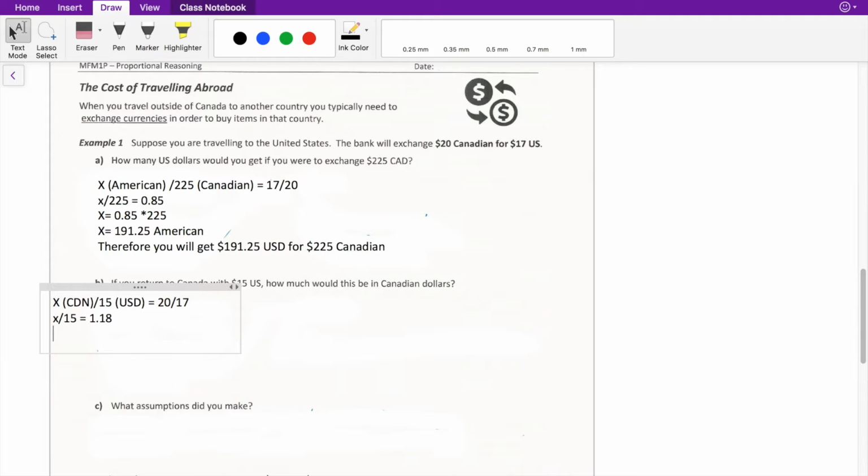So let's take the 15 over to the other side, and it becomes a multiply. So I go x equals 1.18 times 15. That's going to result in my answer being 17.65.